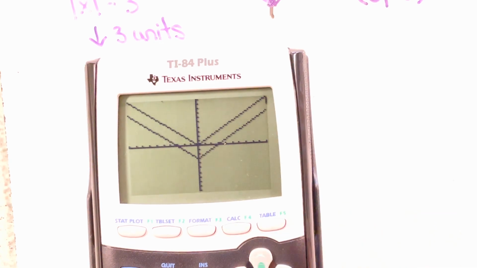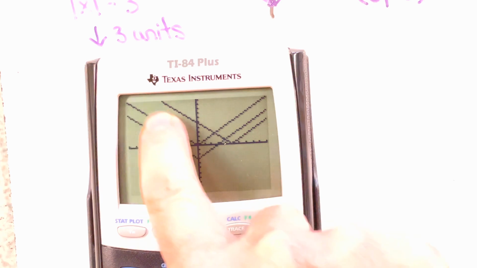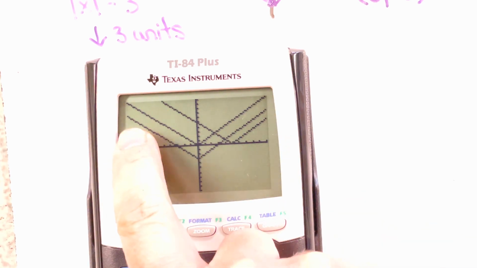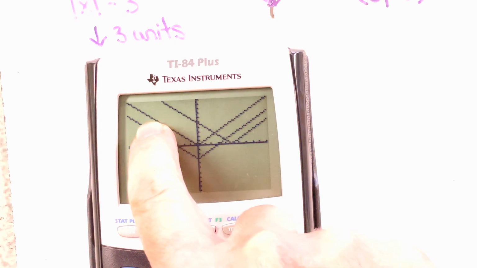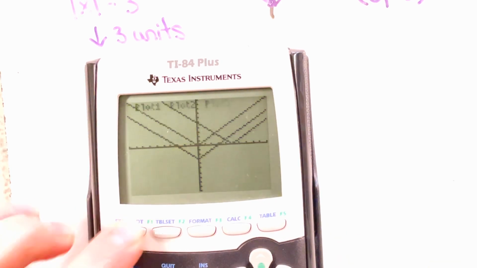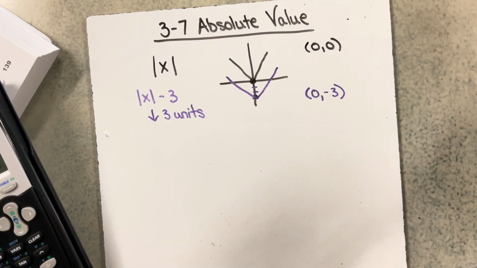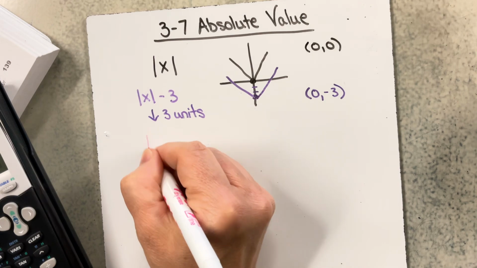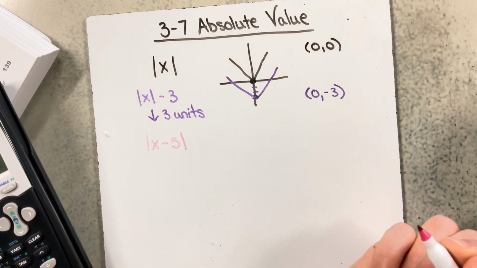Okay, now let's see. This was our original. There's the absolute value of X. This was when we moved it down 3. But look at that. It moved it over 5. So let's take a look at what we just did, okay? Our new function was the absolute value of X minus 5, okay?